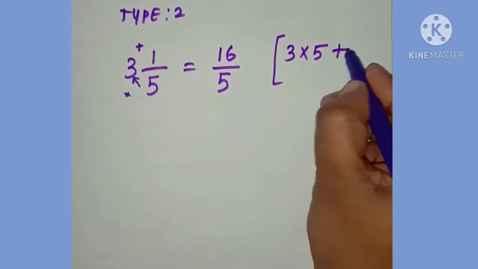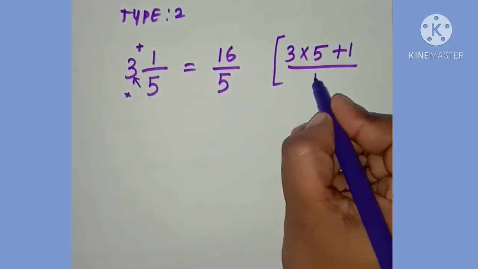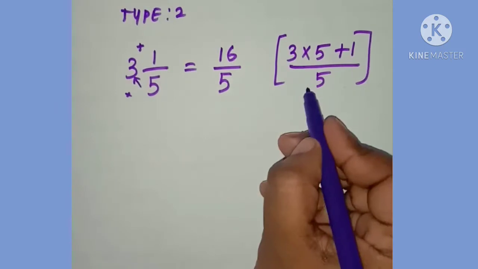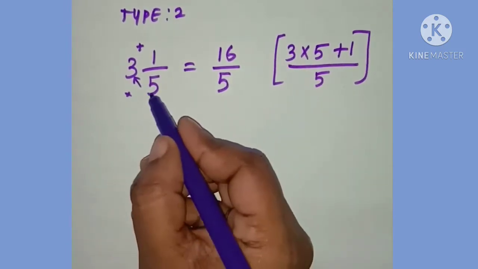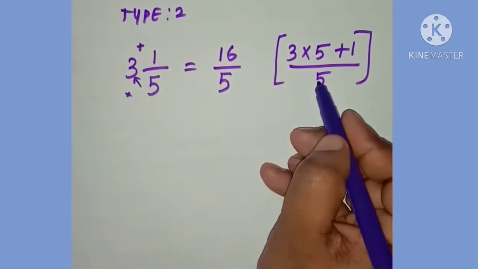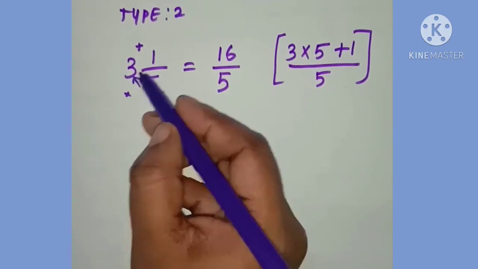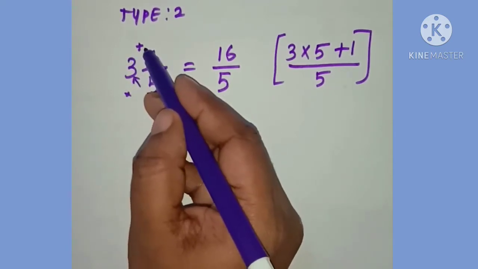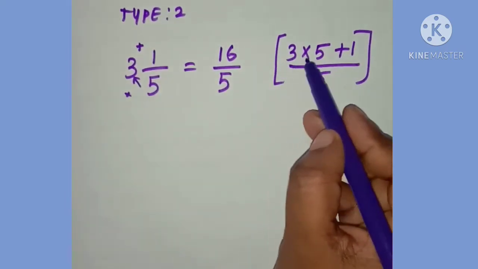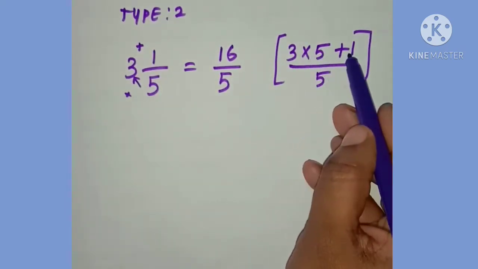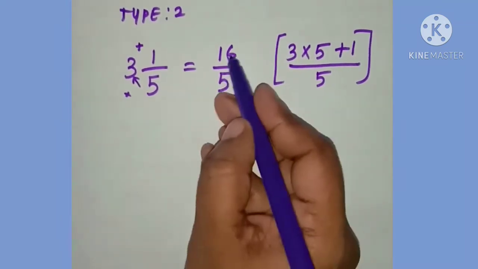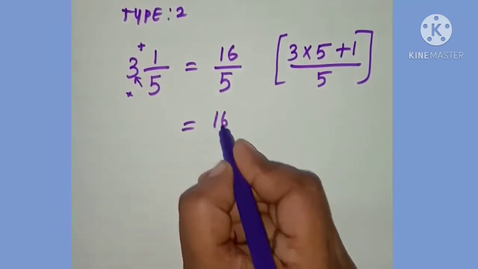3 into 5 plus 1 by 5. So we know how to convert a mixed fraction into a fraction: we multiply the whole number and denominator and add 1 to the product. So 3 into 5 is 15, 15 plus 1 is 16 by 5. So now we get 16 by 5.